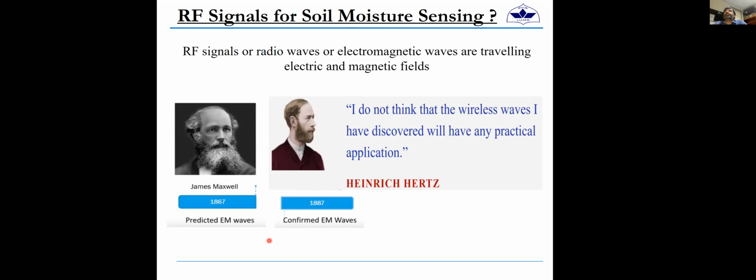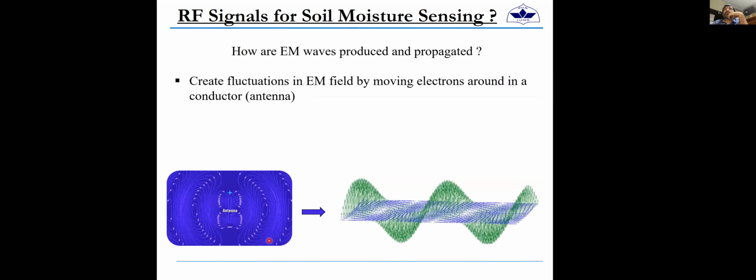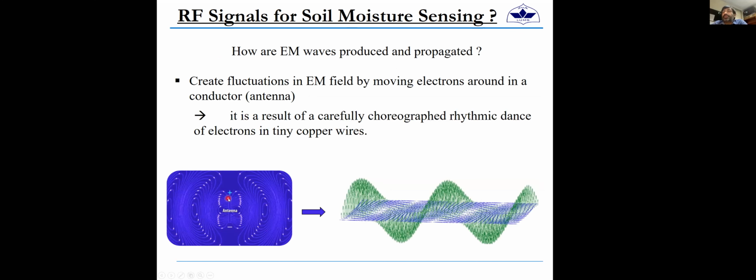Okay, as I told you, if we make electric and magnetic fields travel into space, we get electromagnetic waves. But how do we do that? You see here a rod labeled as antenna. It is nothing but what we call a conductor. Inside this conductor, we have to control the motion of electrons.